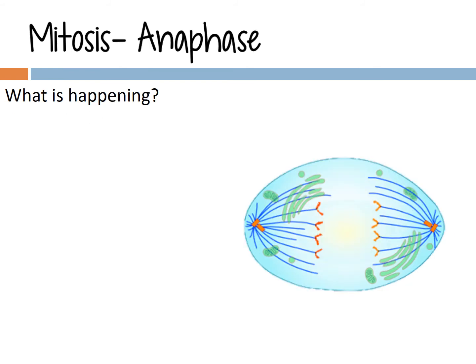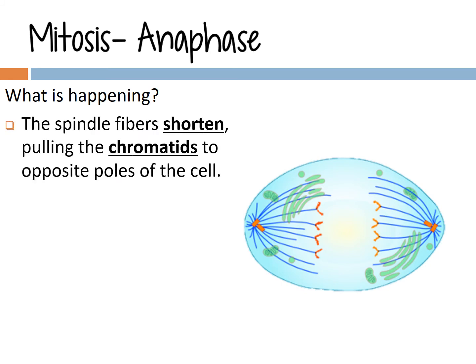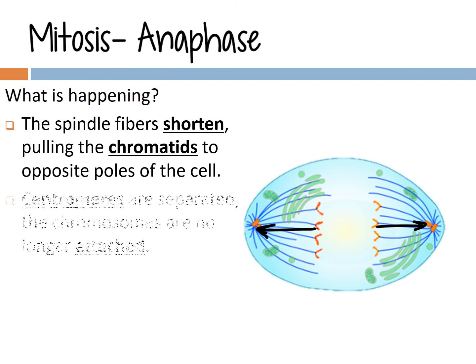Okay, so metaphase is over. Well, we're not done yet. We have anaphase. In anaphase, the spindle fibers shorten and they pull the chromatids to the opposite ends of the cell. So literally they're here and then boom, they are yanked back. That is the whole purpose of anaphase.